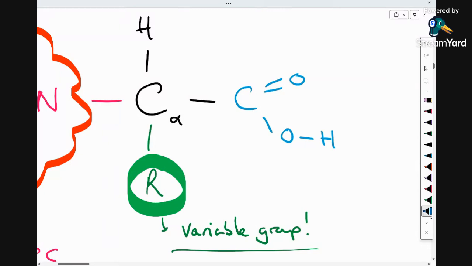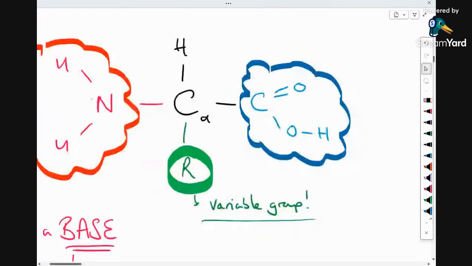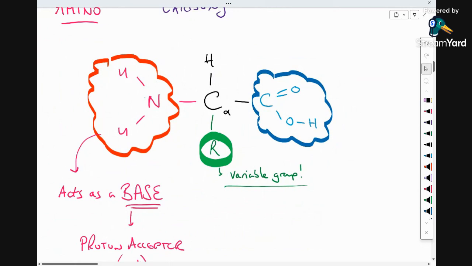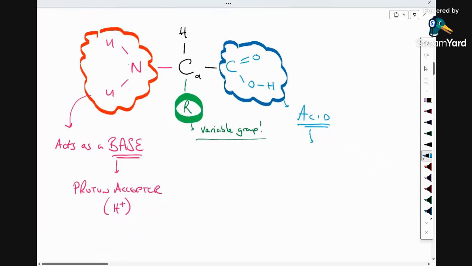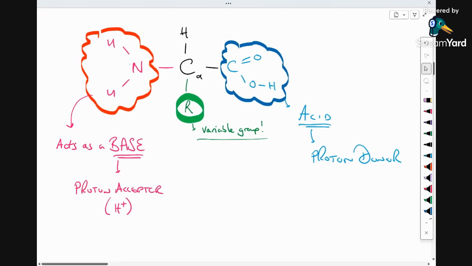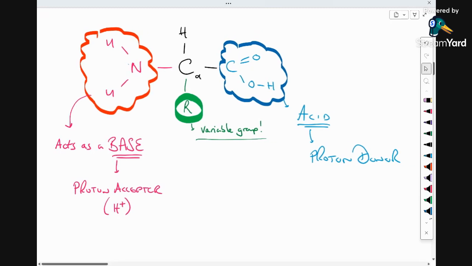Zooming over here to our carboxylic acid group, hopefully you remember that carboxylic acids are acidic. This is an acid. And in the same way, instead of accepting a proton, this is a proton donor. It releases protons. So here we have a molecule with sort of interesting chemistry. It has both a basic group within it, the amino group, NH2, and it has an acidic group, the carboxylic acid.